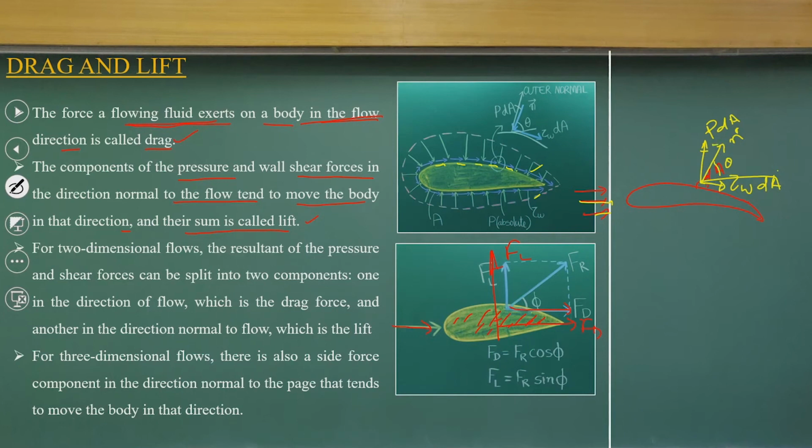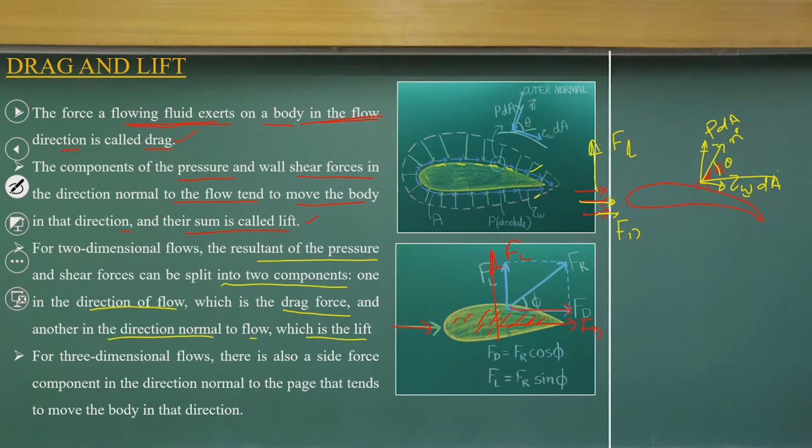So, if I have the pressure field and I know this wall shear stress, with a very simple force component resolution, just computing the component in this direction as well as the perpendicular one: this direction is the drag force direction, and this is the lift force direction. So, in two dimensional flow, the resultant of the pressure and shear force can be split into two components, one in the direction of the flow, which is the drag force, another in the direction normal to the flow, which is the lift.